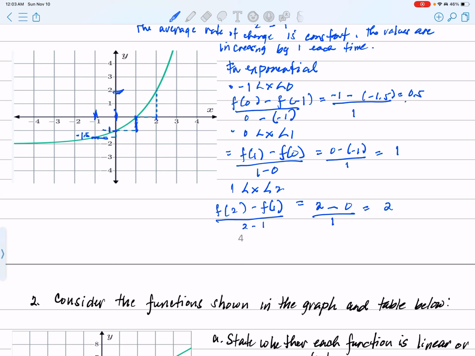So what can you say about our rate of change here? It is increasing.